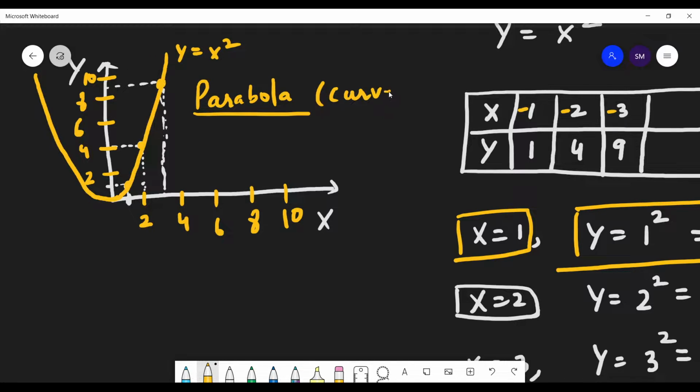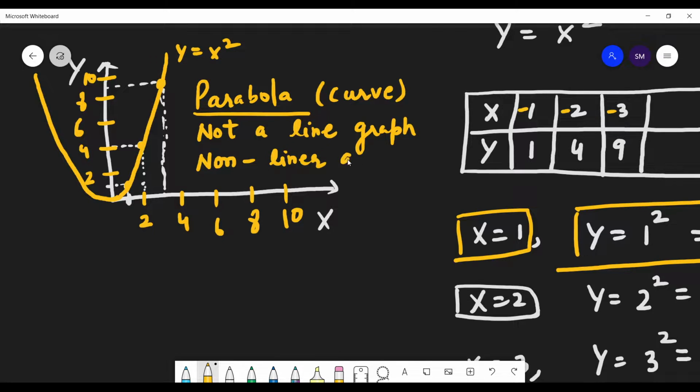So, not a line. This is not a line graph. So we also say it is non-linear, means line is not there, so non-linear graph. Okay?